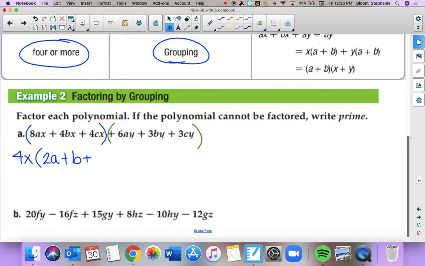plus b plus c. Now, this is only going to work if, when I take something out over here, my parentheses match. Grouping only works if the groups you create match each other, okay? So what can I take out of this second group? 3y, all right. What would be left?